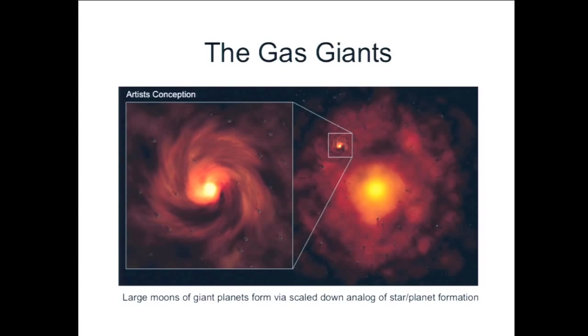Zoom in to that region, and it actually looks kind of like a scaled-down version of the solar system forming. There's the planet at the center, gobbling up surrounding gas, in this rotating disk that is building up the mass of Jupiter. The moons of Jupiter are forming. So the big moons of Jupiter formed in a rotating disk around Jupiter, just like the planets formed in a rotating disk around the sun. It's very much an analogous process.